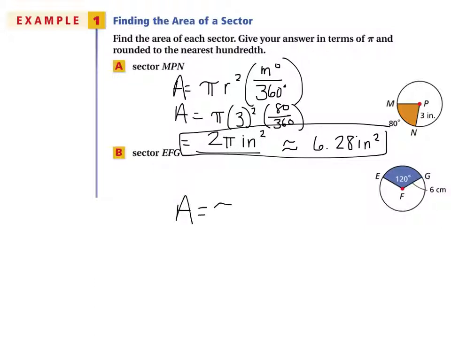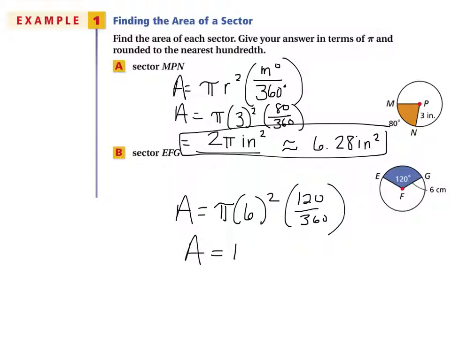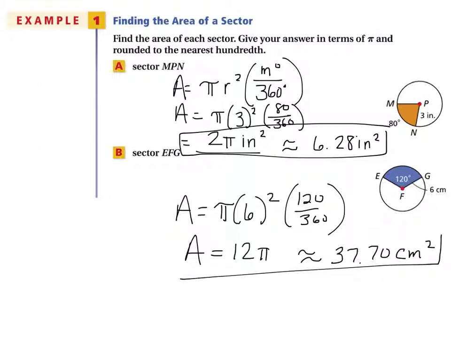Area equals pi radius squared multiplied by 120 divided by 360. That would give us 12 pi in terms of pi, which is approximately 37.70 centimeters squared, rounded to the nearest hundredth.